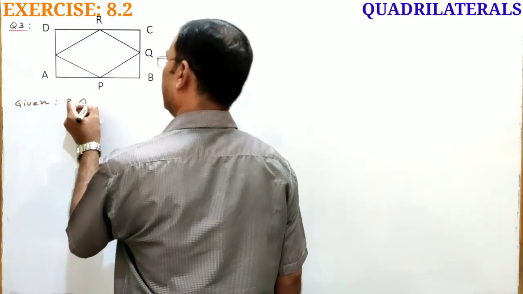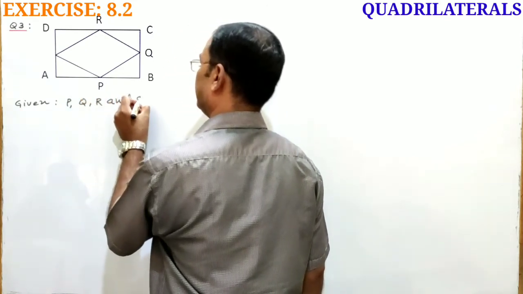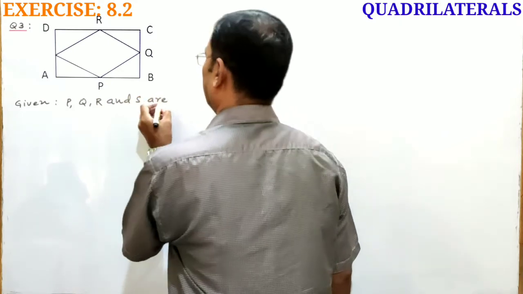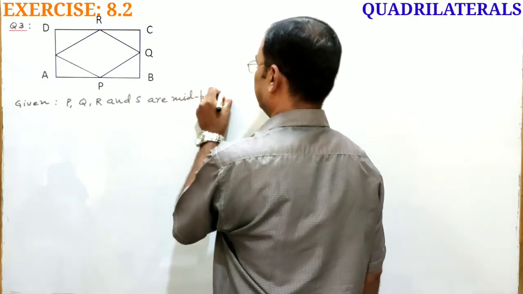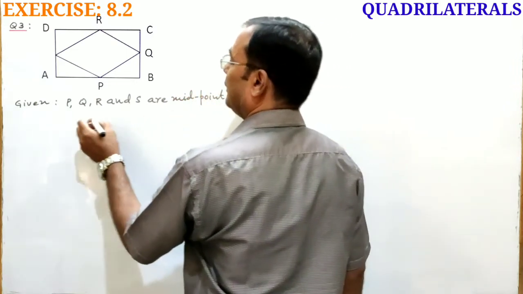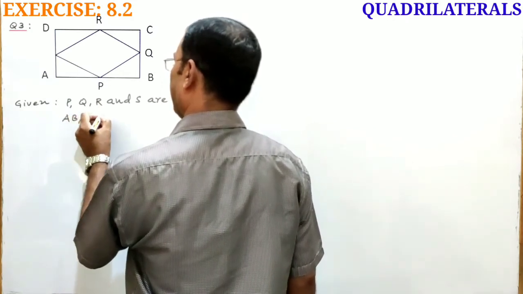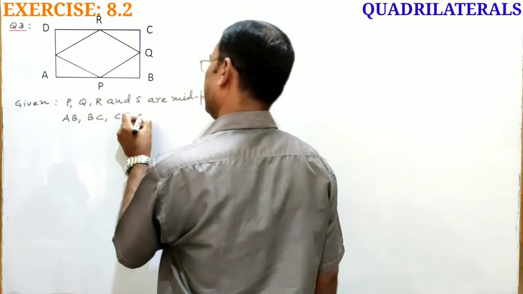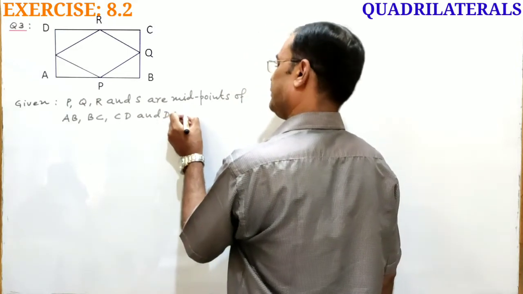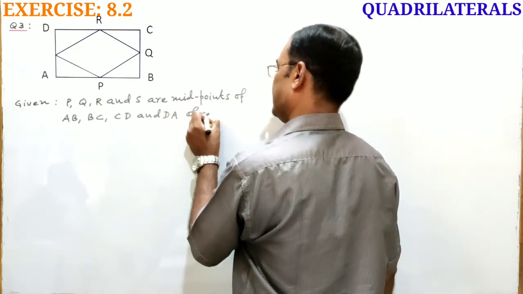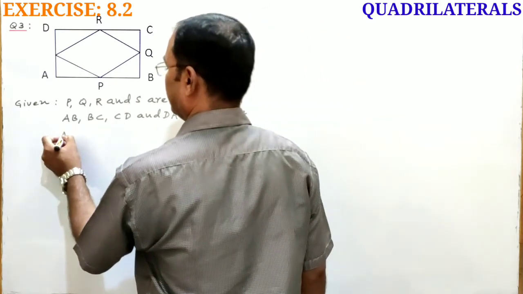Given: P, Q, R and S are midpoints of sides AB, BC, CD and DA of rectangle ABCD.